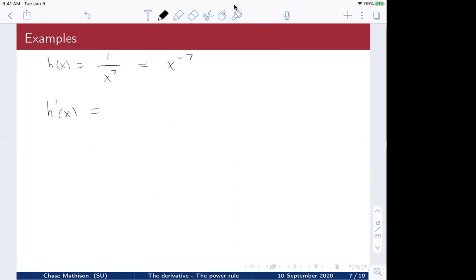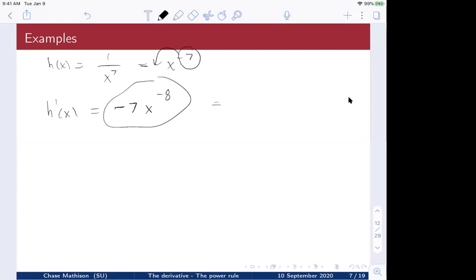And so using the power rule, what happens? h prime of x is equal to, well, the exponent, always you boop that out to the front. So negative 7 times x to the what? Negative 8. Perfect. Again, if you want, you can leave it like this.